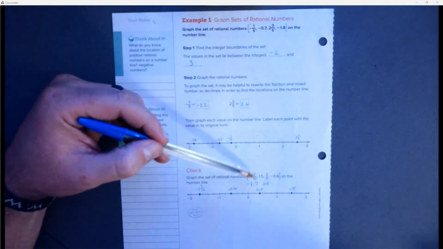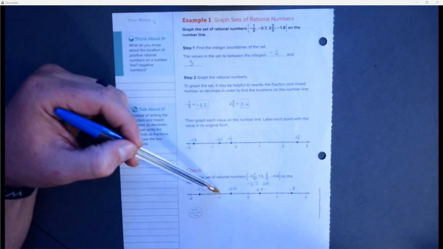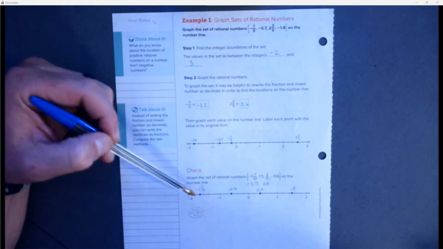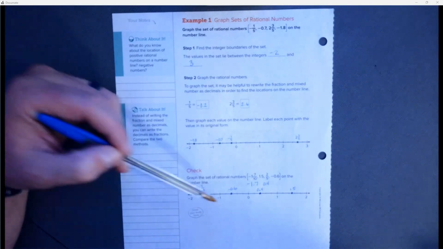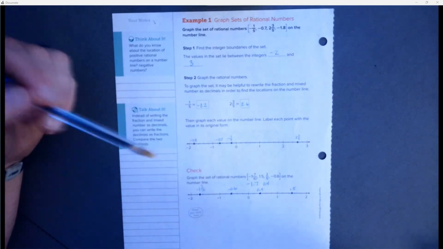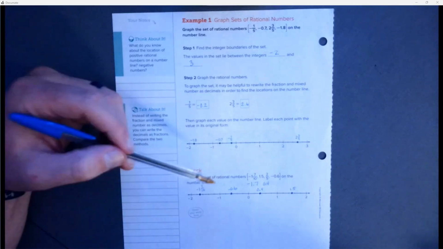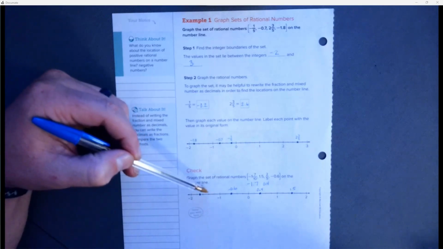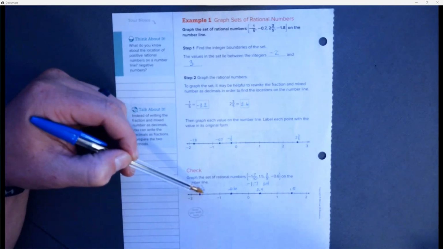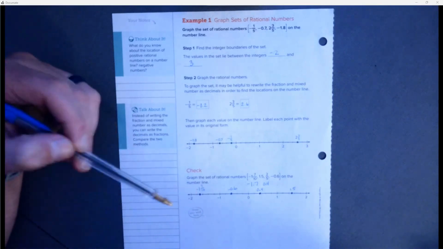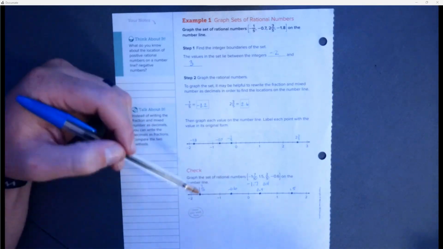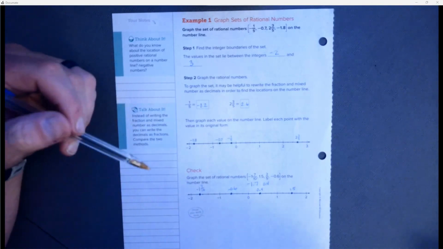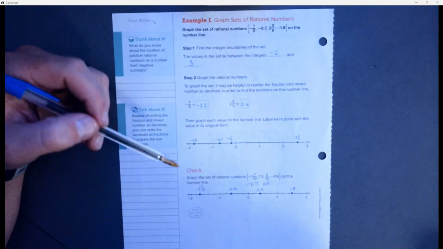So negative 1 7/10, we go to negative 1. And in this graph too, every tick represents 0.2 or 2/10. So negative 1, negative 1.2, negative 1.4, negative 1.6, negative 1.8. So we know negative 1.7 is going to fall between negative 1.6 and negative 1.8.